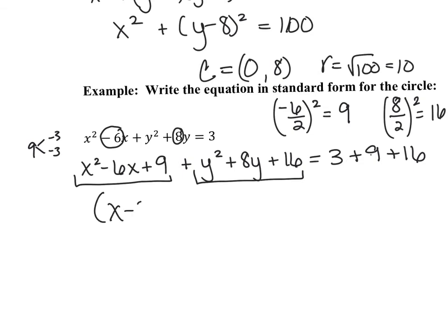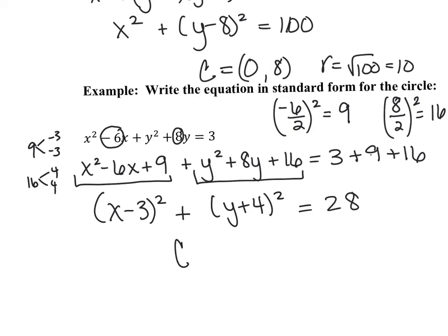So x minus 3 quantity squared plus y plus 4 quantity squared equals 9 plus 3 is 12, and then 12 plus 16 gives us a 28.